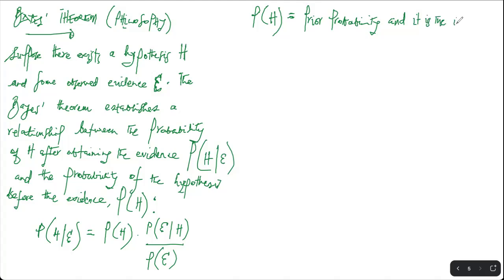It is the initial probability of the event.